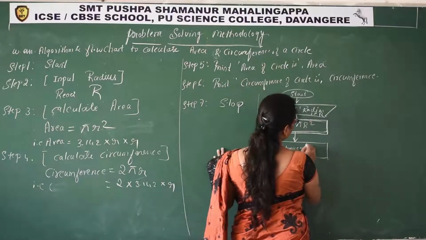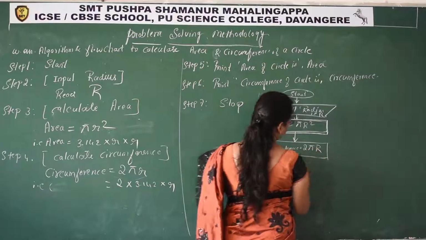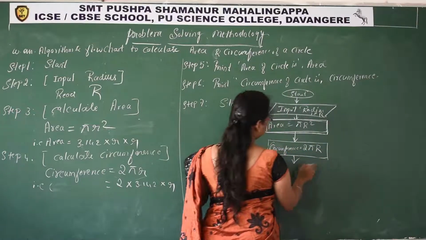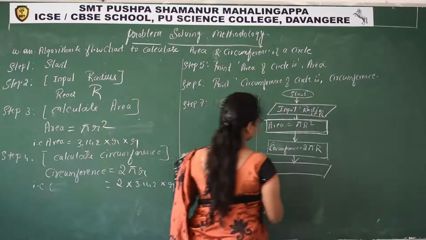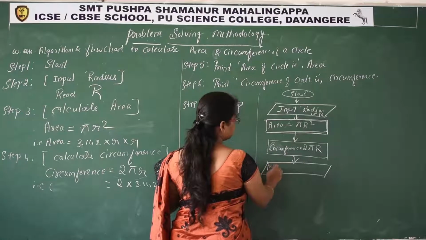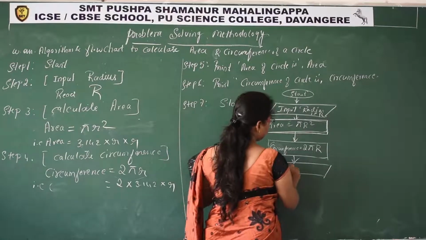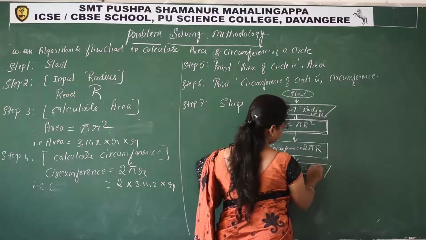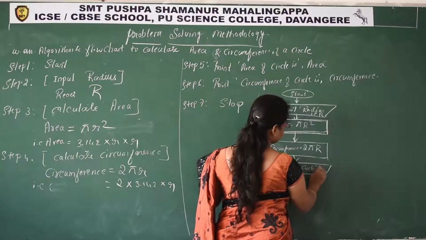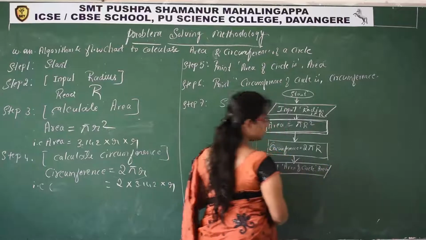Circumference is equal to 2 pi r. Then you have to display. Print area of circle, area.